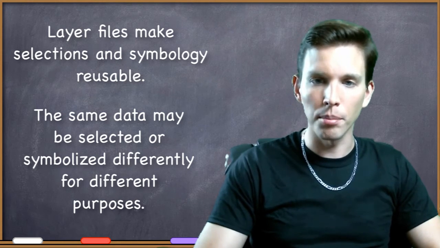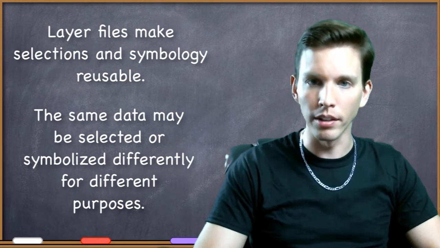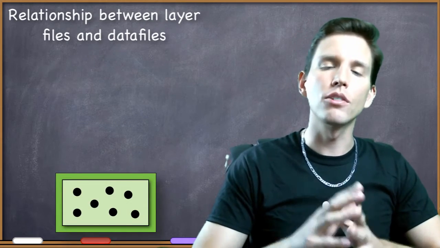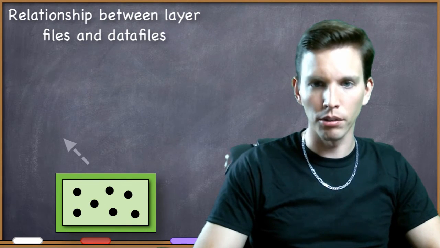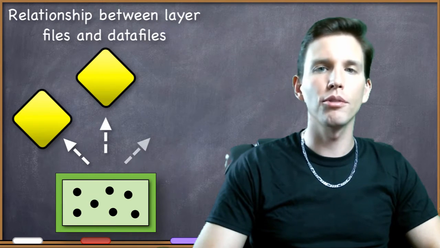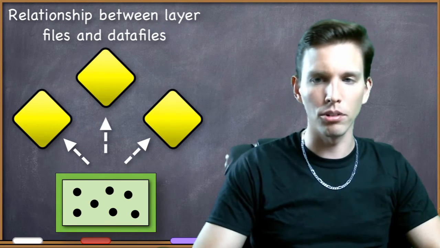So this setup lets you save all the geometry and the attribute data that you have once in a shapefile or other vector data file format, but then create multiple layer files. And these layer files are much smaller in size to store the different symbolic representations of the data that you'd like to have for multiple projects.